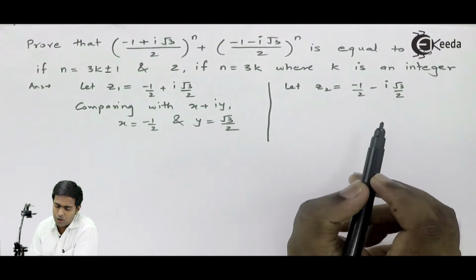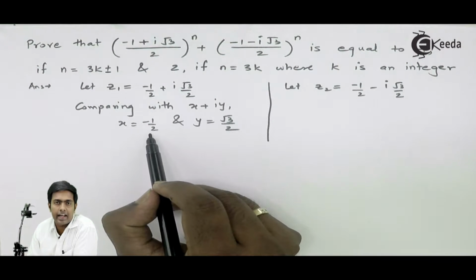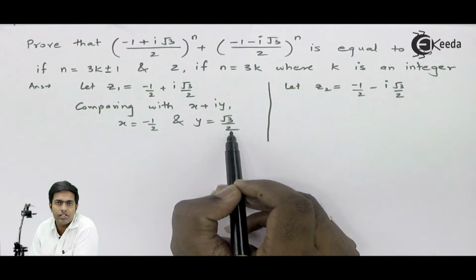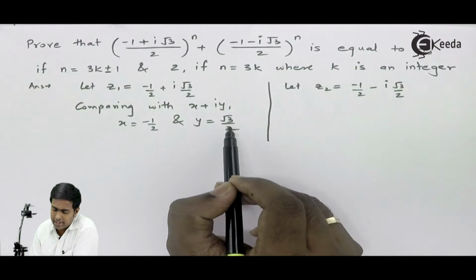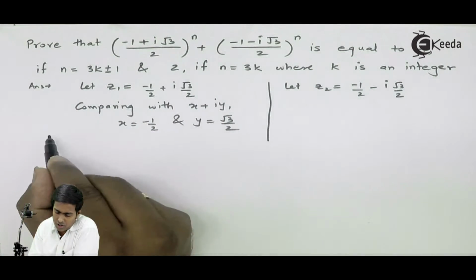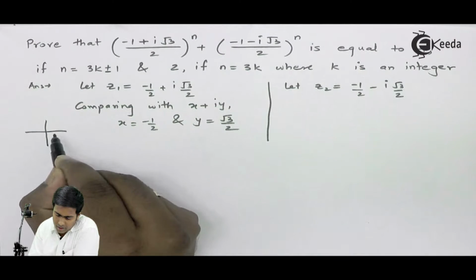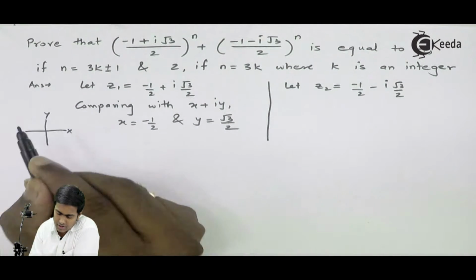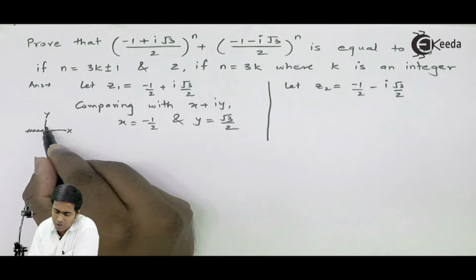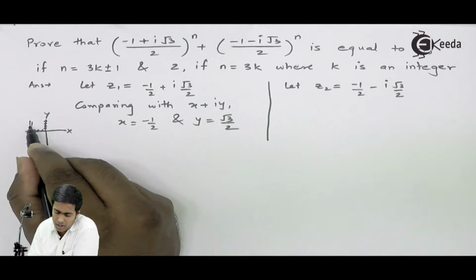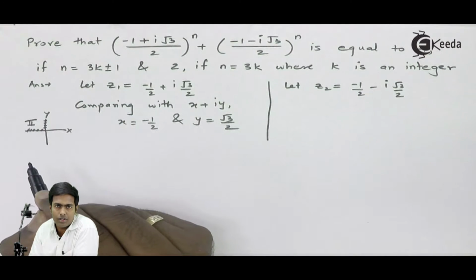So here you can see that x is negative but y is positive. When such a condition occurs, that number is in the second quadrant. You can see this is the x axis, this is the y axis. When x is negative, this part, and y is positive, this part, it means your number has to be in the second quadrant.